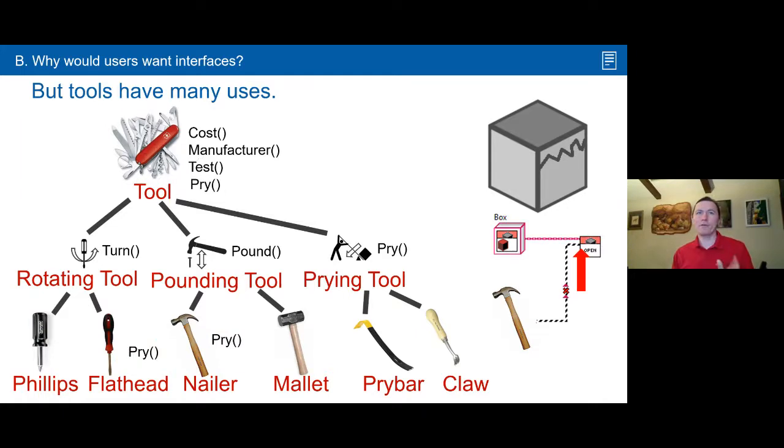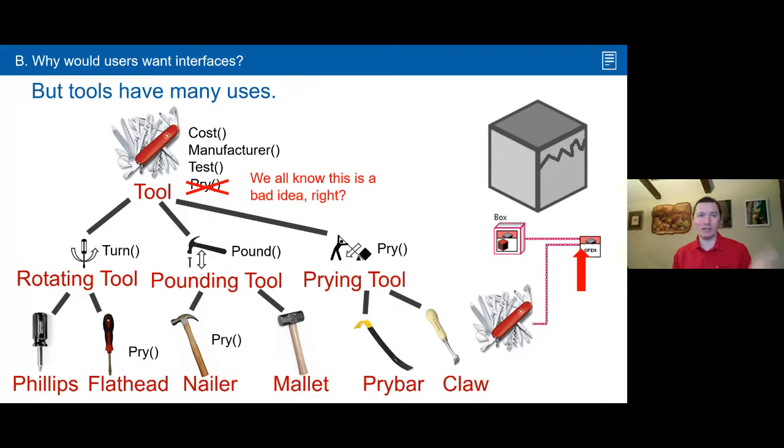Well, I hope everyone knows that putting a prying tool up on tool and allowing all tools to wire in is a really bad idea, right? We've had LabVIEW classes since 2006, and I've given I don't know how many presentations on the fragile base class problem, where you start putting everything on the base class because some subset is supposed to go in there and you can't find any way to get the right subset.